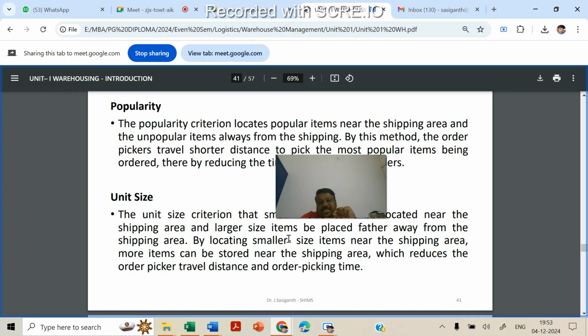Then unit size. It's a criterion that small sized items be located near the shipping area, and larger size items we place farther away from the shipping area. Why? By locating smaller items near the shipping area, more items can be stored there.